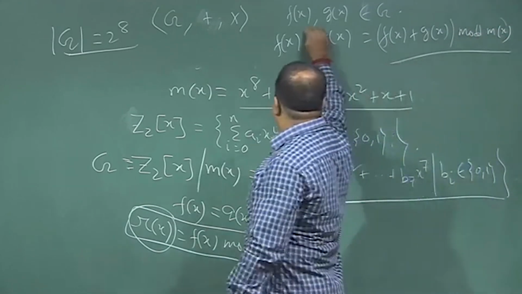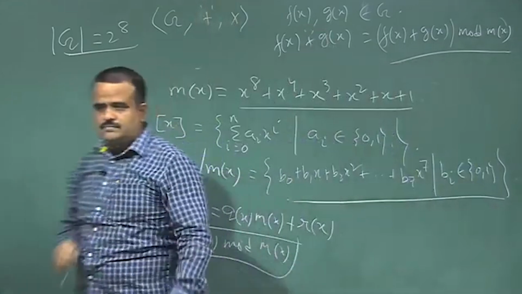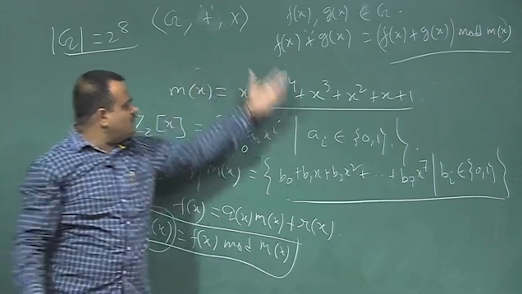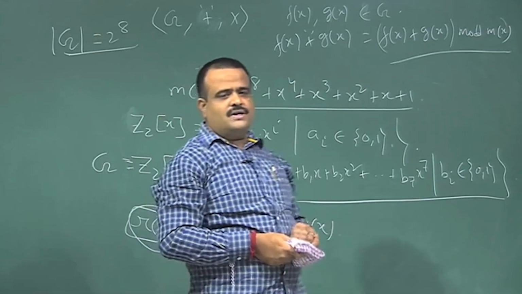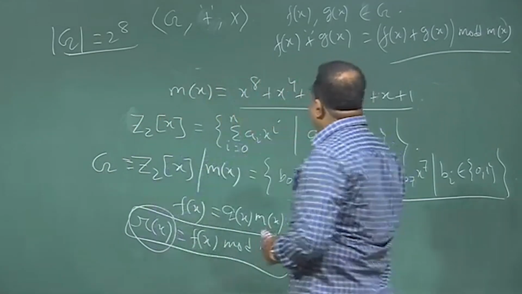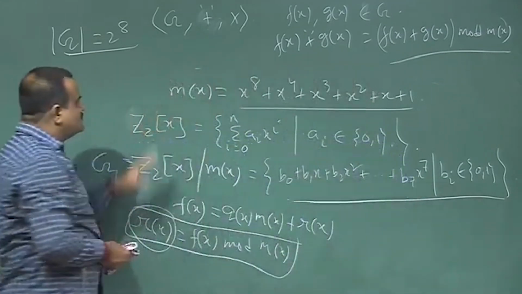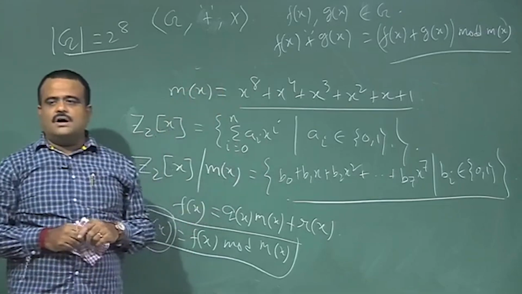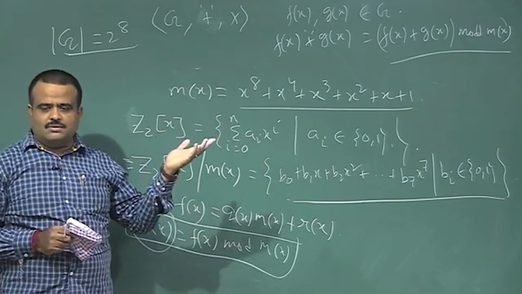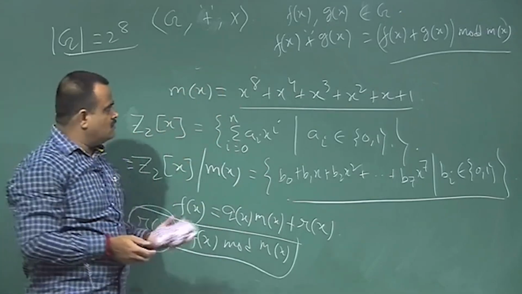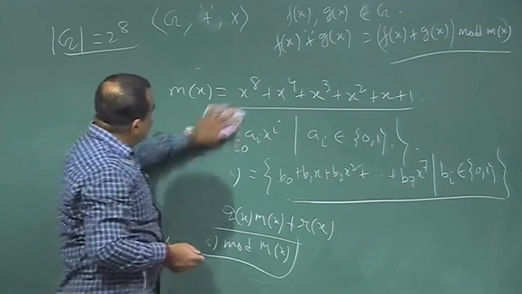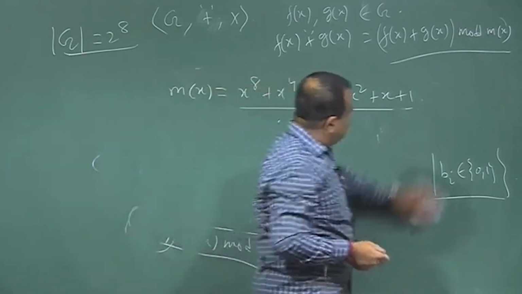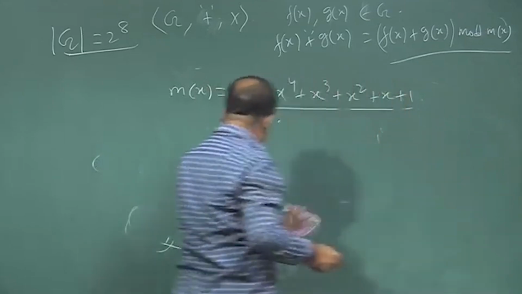This is how we define this plus. That means we take any two polynomials of degree 7, add them up, and then take the mod. So, this is under polynomial modular operation of m(x).